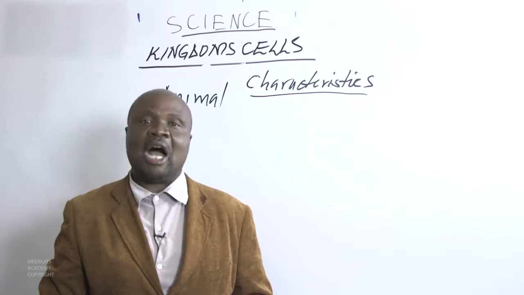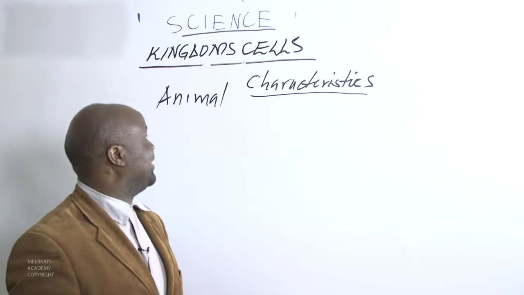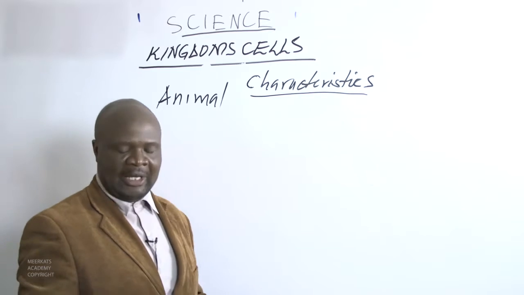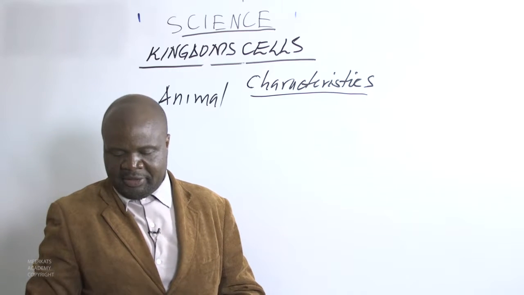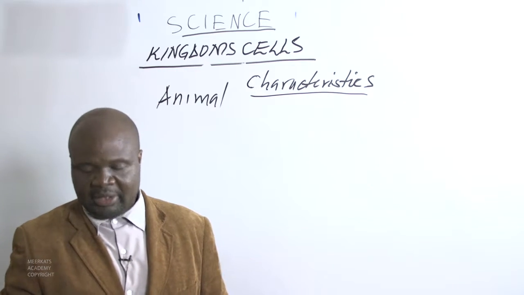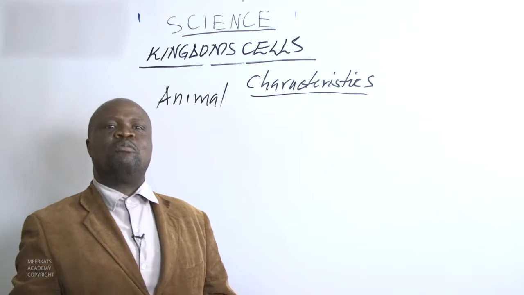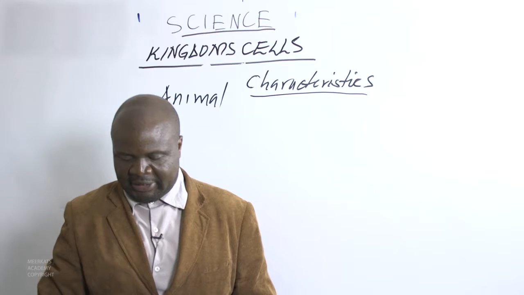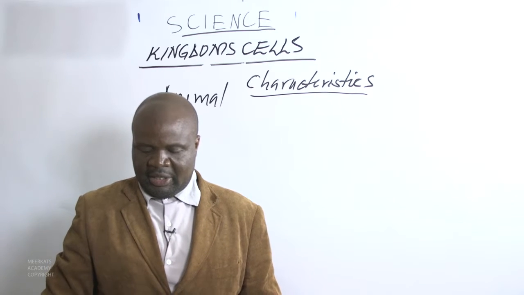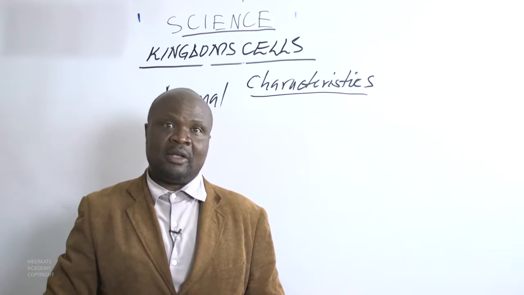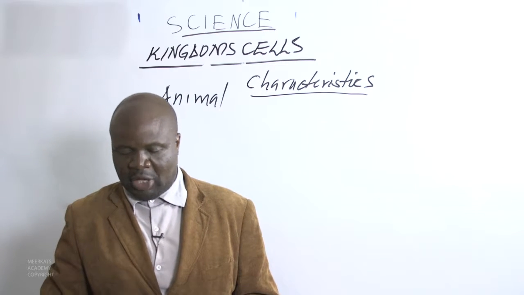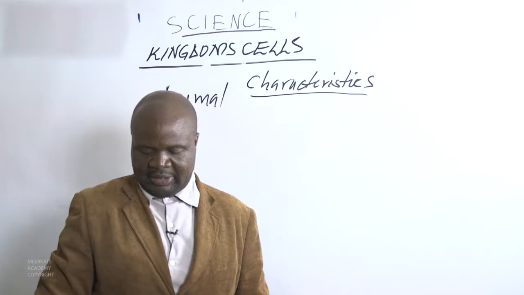Their cells have a membrane. So one obvious characteristic of an animal cell is that it has a cell membrane. And secondly, this cell membrane forms the boundary of that particular cell, and within it, the cell has a nucleus, and the cytoplasm is also within the cell.